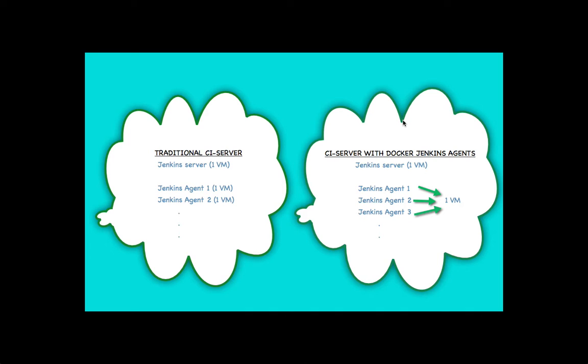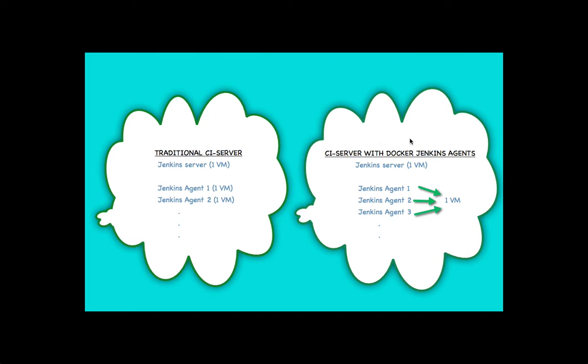The advantage of that is, as you know, in the traditional CI server, for every Jenkins slave agent, it has to run the complete operating system. So most of your hardware resources are used for running the operating system as well.